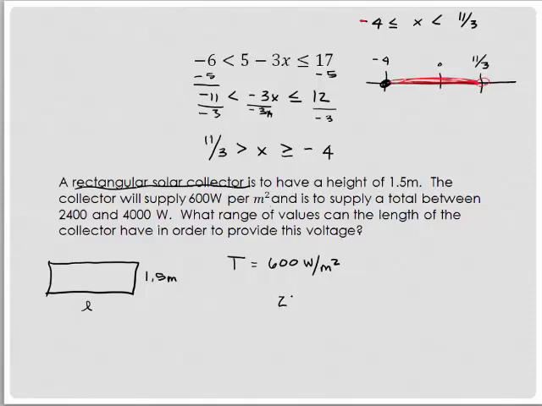Okay, let's just keep track of that. 2,400 is less than T is less than 4,000. All right, now we know that 1.5 meters times L meters equals 600.